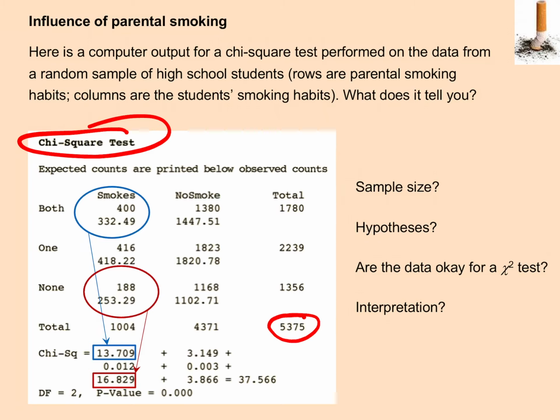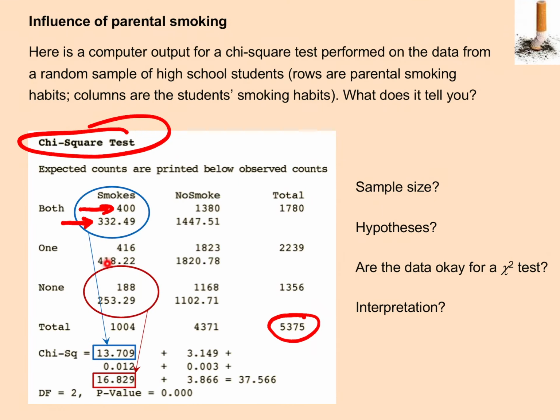Now, what you're seeing here is the observed value on top and the expected value on the bottom. So if you compare all these, you see that here we have a fairly large difference, 68, something like that. Here we have about the same in terms of difference, a large difference there.